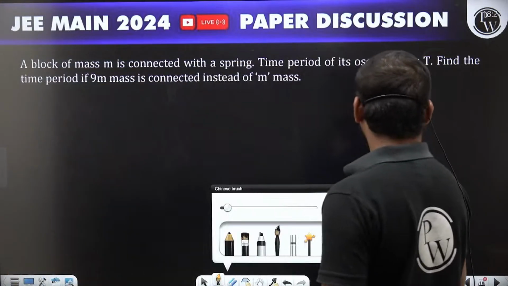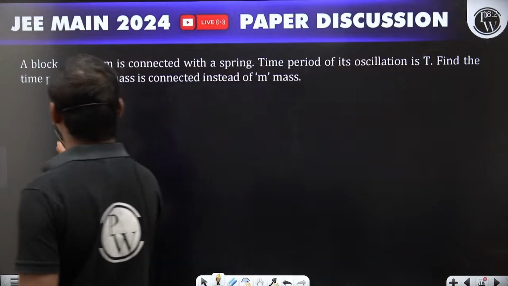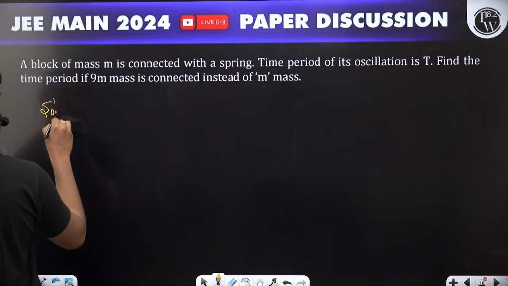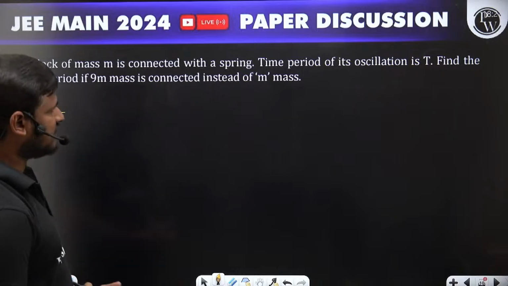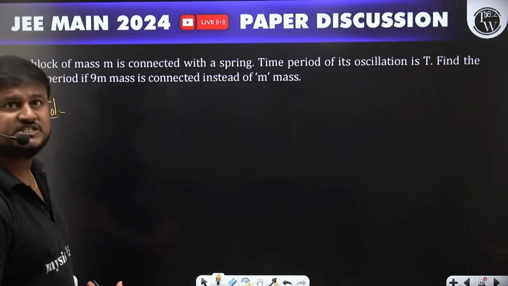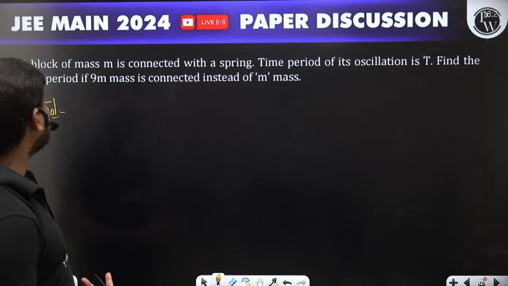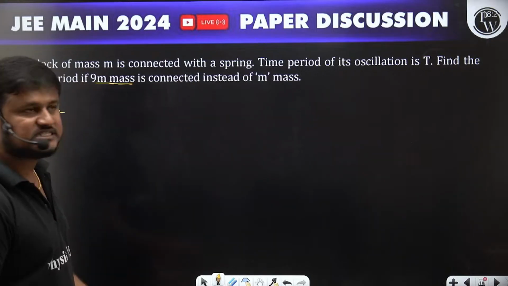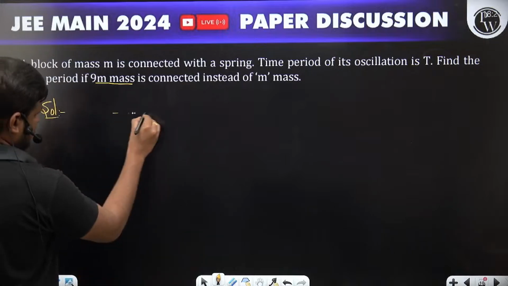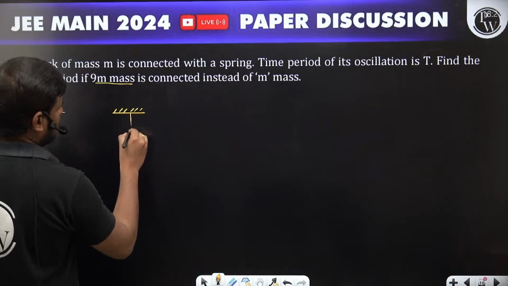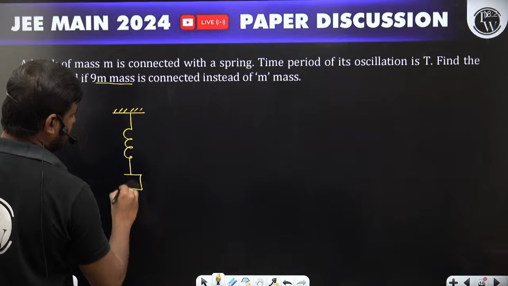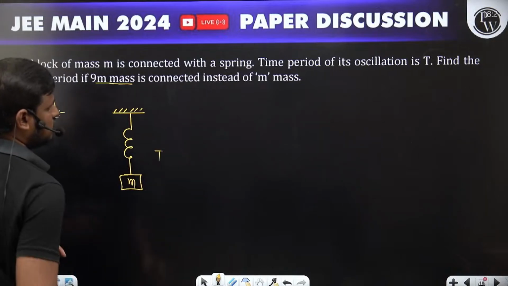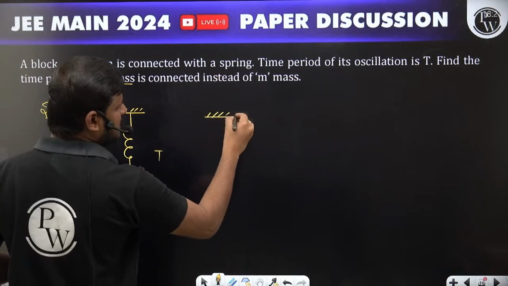So what's the next question? A block of mass m is connected with a spring. So the time period of its oscillation is T. Find the time period if 9m mass is connected instead of m mass. To a spring, if m mass is connected, its time period is T. So what if 9m mass is connected instead?